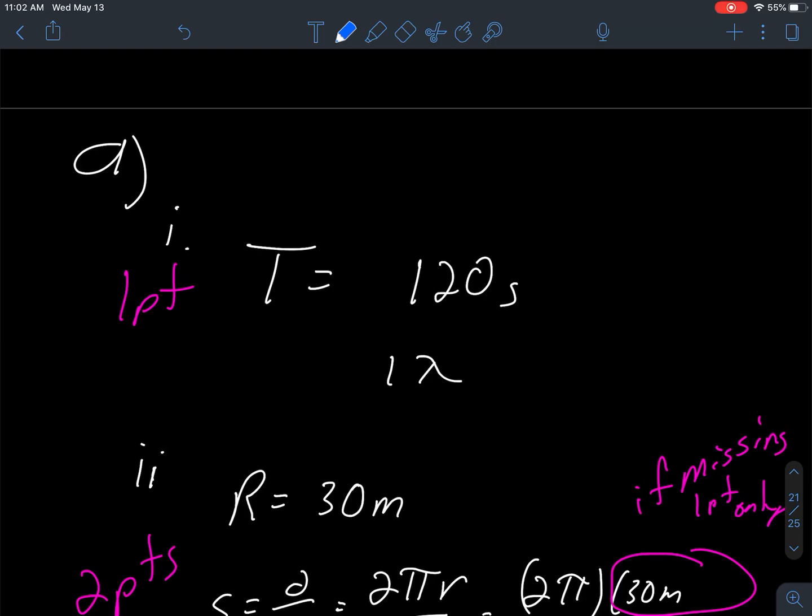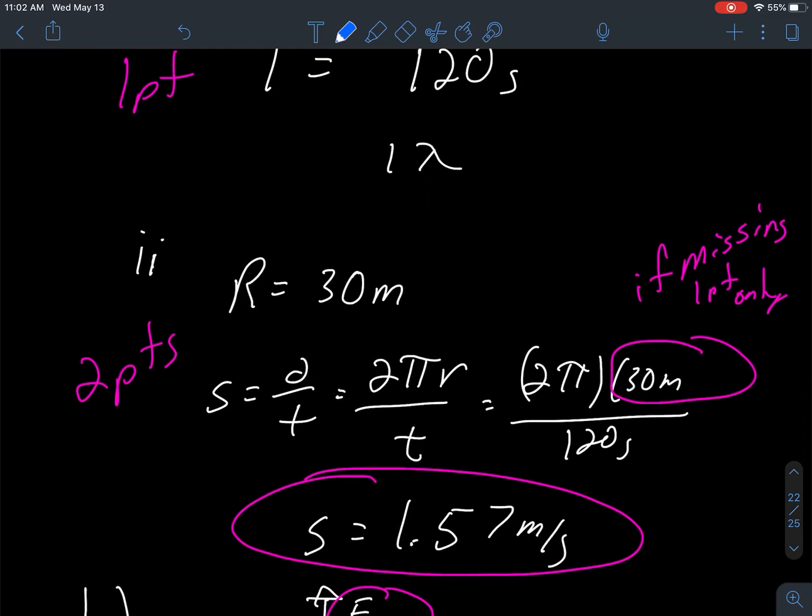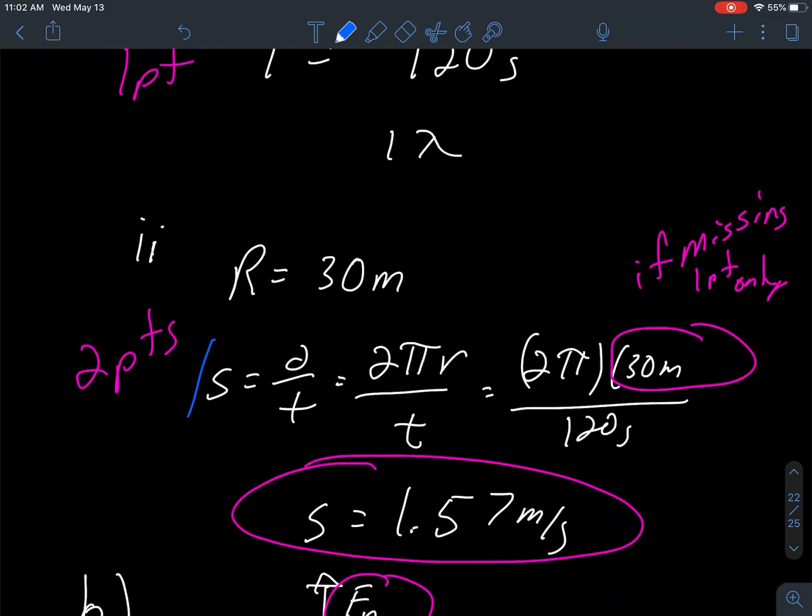So of the total 12 points, you got 1 point just stating that it was 120 seconds or 2 minutes. No explanation needed. For the second part of A, you had to calculate the tangential speed, or actual speed, of the book. Speed is distance over time, and the distance that this book moves is in a circle, so we're going to look at the circumference, or 2 pi r.